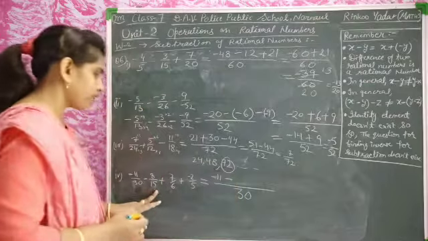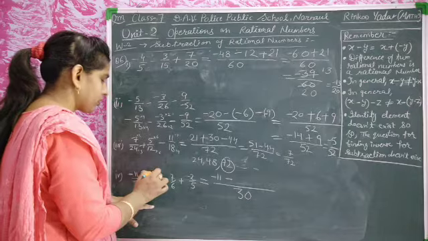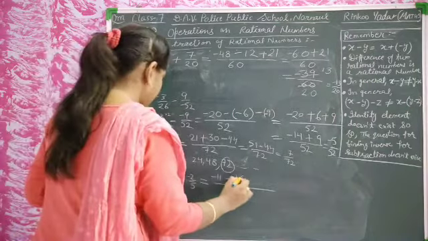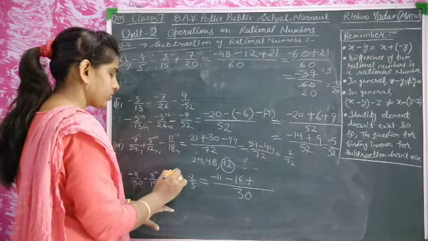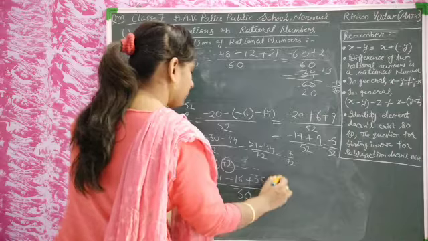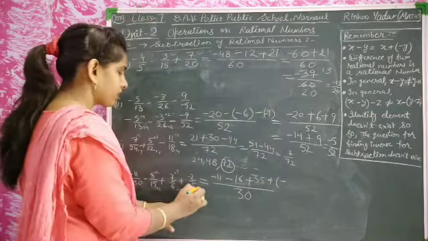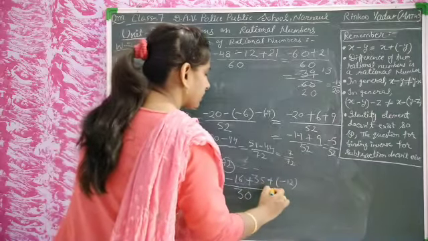But minus 15 is multiplying by 2 to become 30, so it is also multiplied by 2, that is minus 16 there, and plus 6 times 5 is 30, so it is also multiplied by 5. 7 times 5 is 35, and minus 5 times 6 is 30, so this is multiplied by 6, that is minus 12 there.